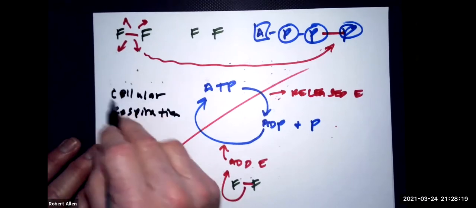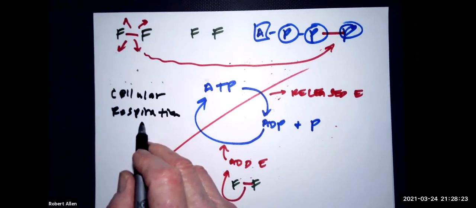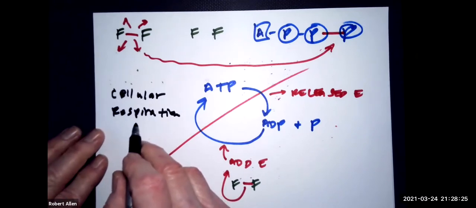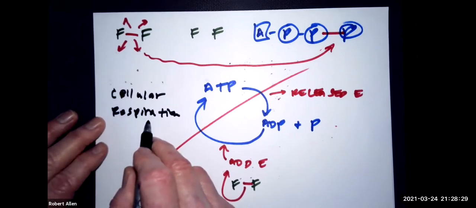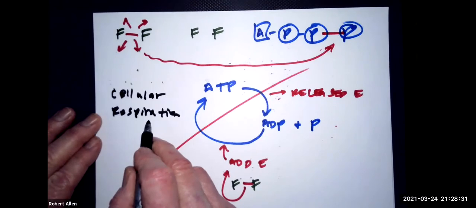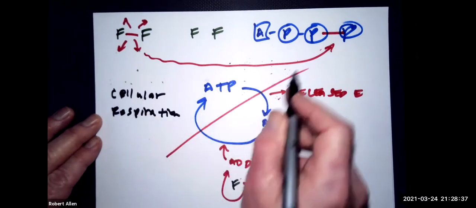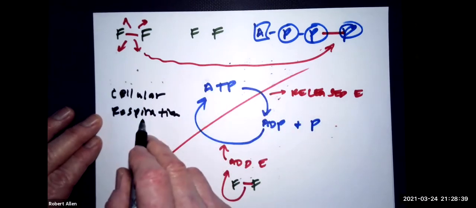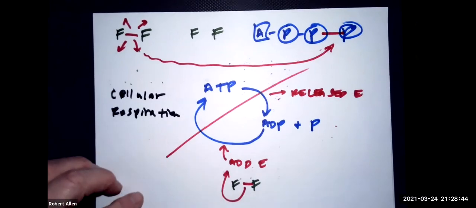Cellular means it happens in the cells. Respiration itself is an energy-making process. Breathing, which is also called respiration, really better called respiring, is not the same thing. So when we're talking about this process, you've got to use both terms together, cellular respiration. That's the topic of our lab.